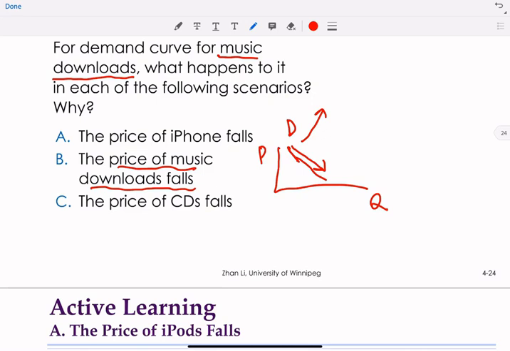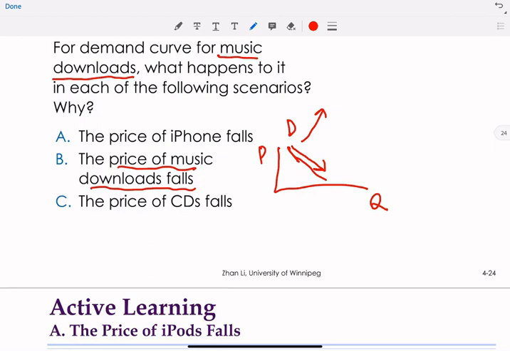Now, the third case, the price of CDs falls. I know most likely these days nobody listens to CDs anymore, but still, let's pretend there are some people who like these old formats, so they actually listen to CDs. So in this case, you can see that music downloads and CDs are actually what? Substitutes, right?